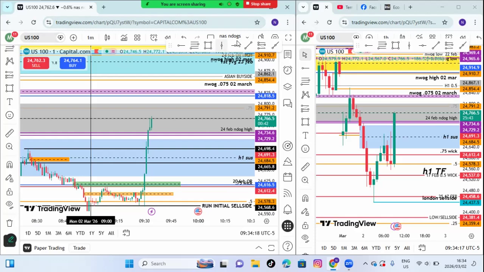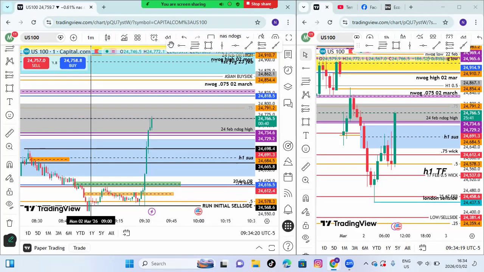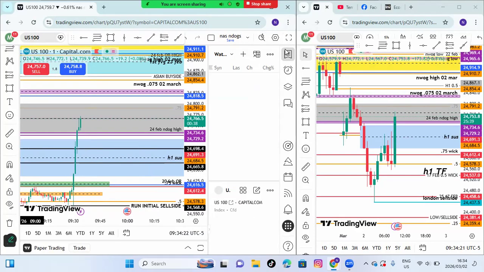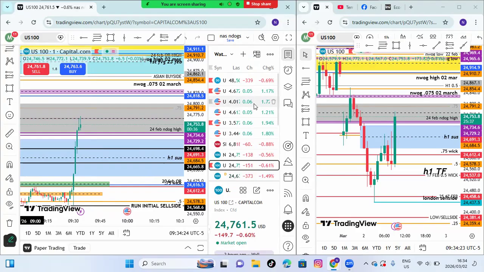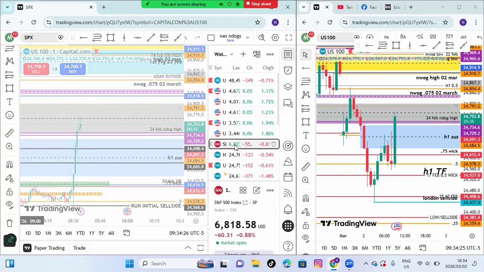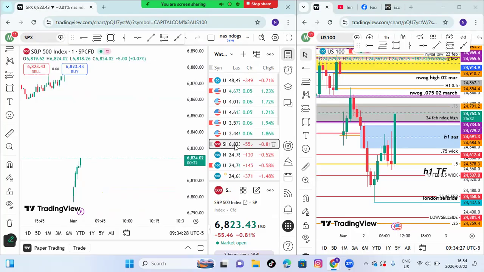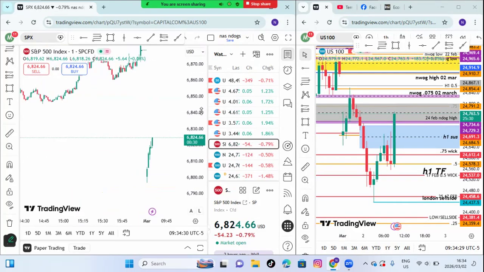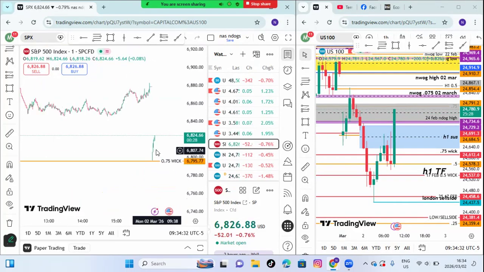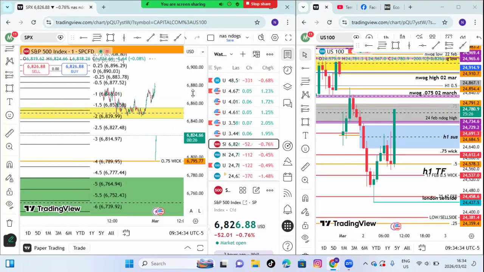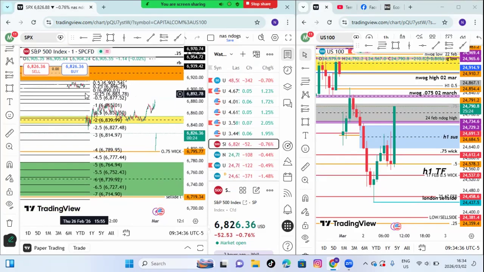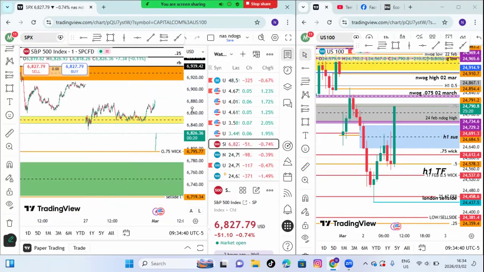Let's go to ES quickly. Let's see what's happening there. Okay, also here, discount gap to buy. Okay, let me zoom this one in.